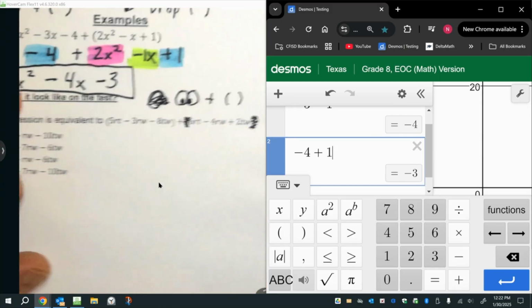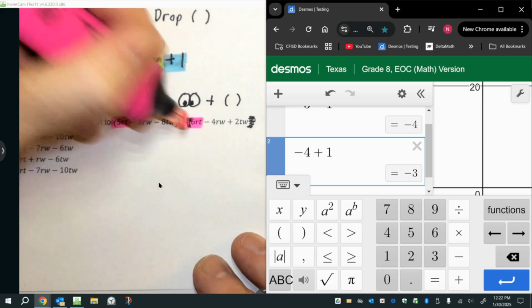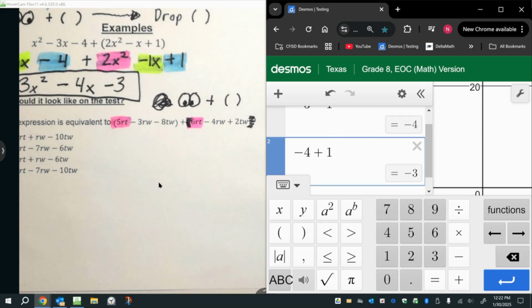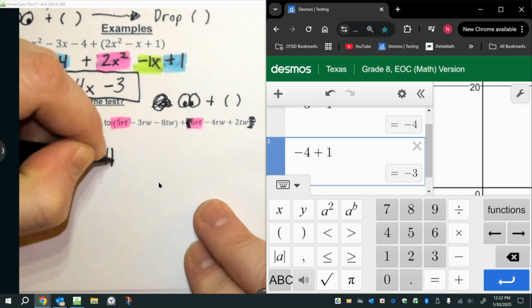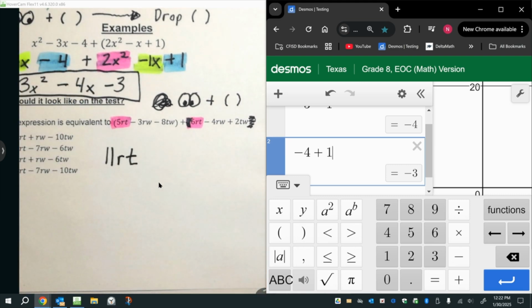And so now we're just going to add these things together. I'm going to get out my trusty highlighter again. I'm going to add 5rt with 6rt, and that's going to be 11rt. Then I go to the next thing.